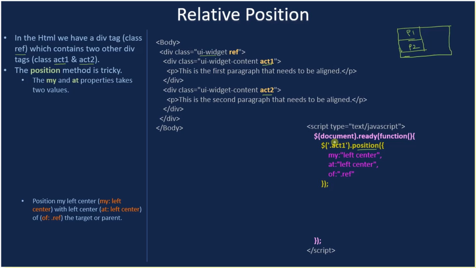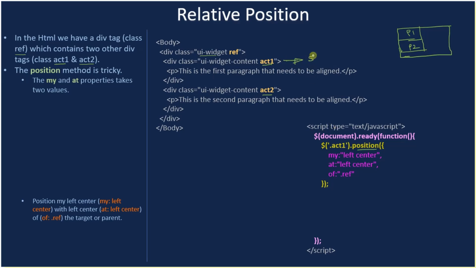First, we are selecting a tag that contains the class attribute act1, by specifying to the dollar function .act1. That means any tag that contains the class attribute act1 will get selected by this $('.act1'). And if you come here, here is the class attribute act1, which is used by the div tag. So that one will get selected, then .position. So we are making a call to the position method on the selected element.